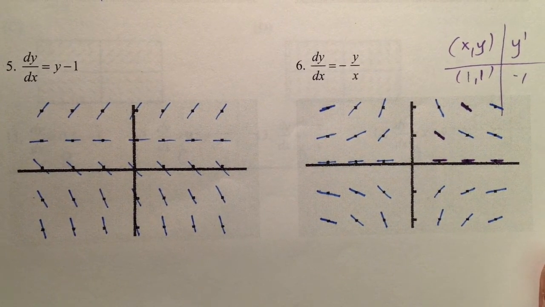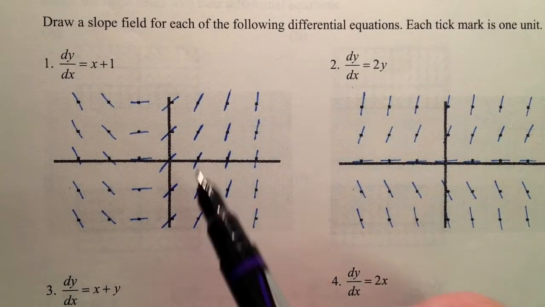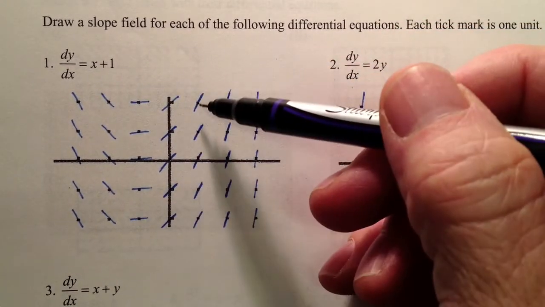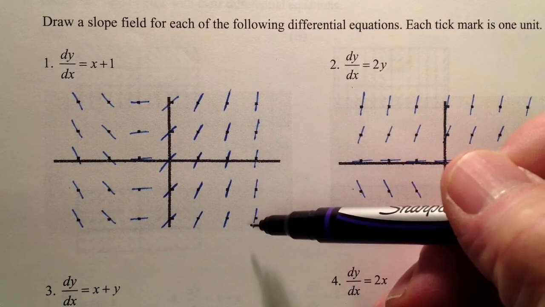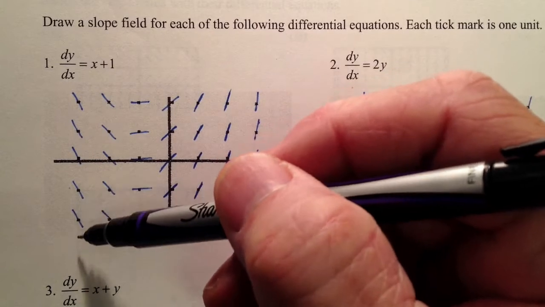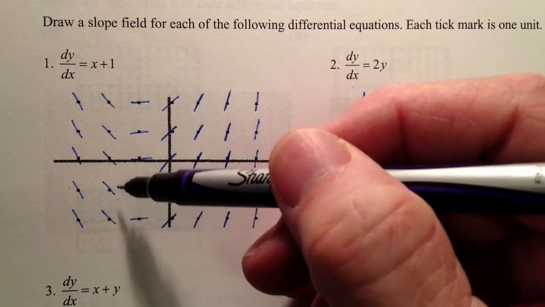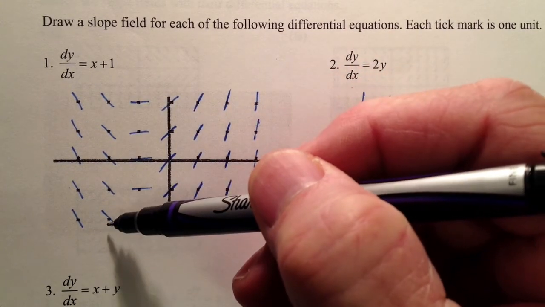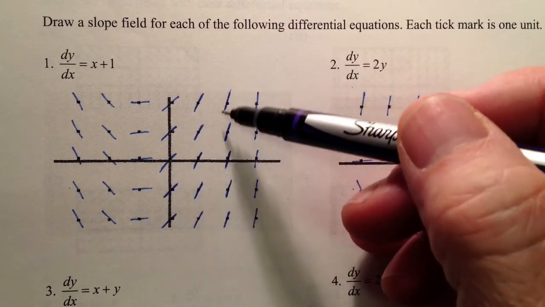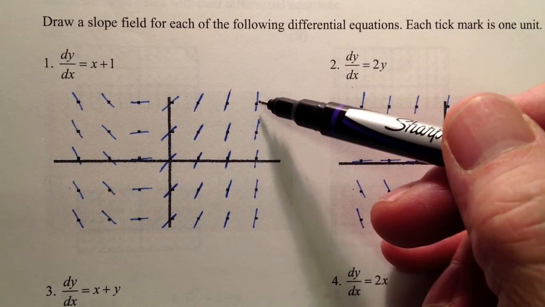Okay, so here's the thing I wanted to talk about. Look back here at number 1. Notice that in each one of these columns, the slopes are exactly the same. Okay? So every single one of the columns, no matter what the y value, when you get to one x value, like negative 1, all the slopes are 0. When x is negative 2, all the slopes are negative 1, and so forth. So when you see columns like this in which all of the slopes are the same, then the slopes don't depend on y.